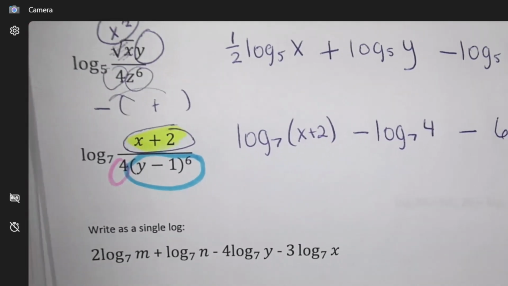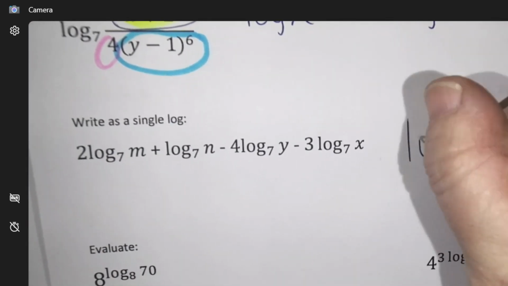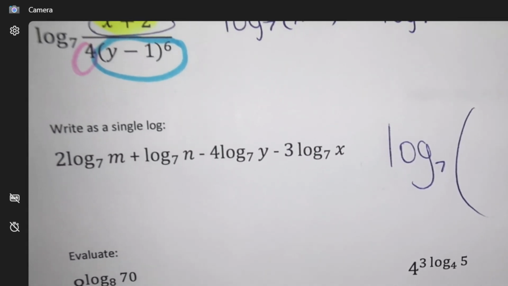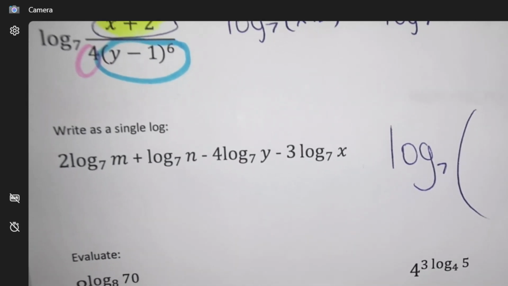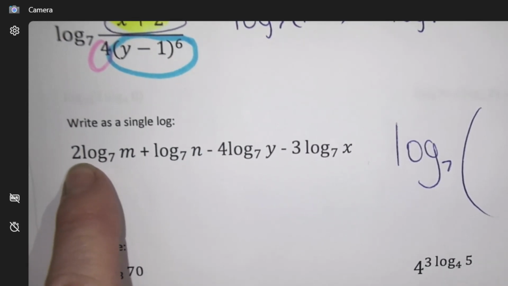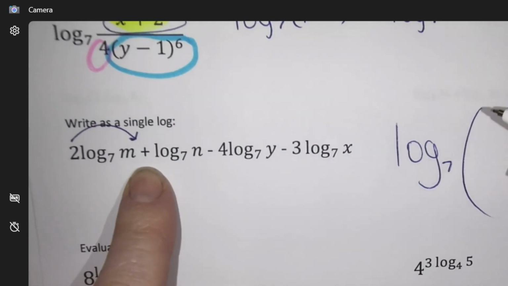Okay, now we're going to try putting this together. So this is a log 7 of a bunch of stuff. Can you glue it back together? I've had one that got separated, so now you can glue it together. So what I'm going to do is this multiplier, I'm going to undo it and put it back to an exponent. So m squared.